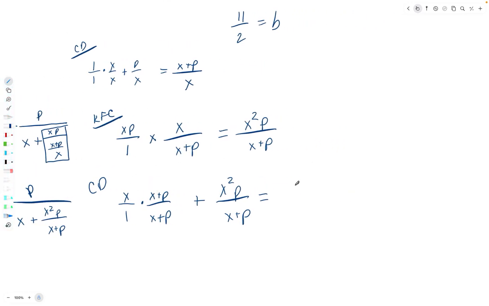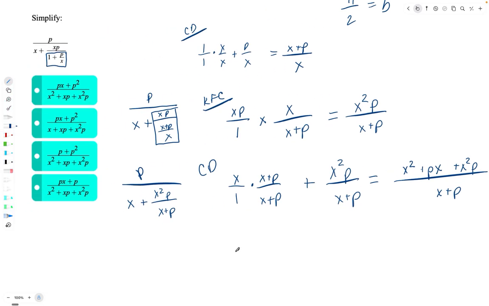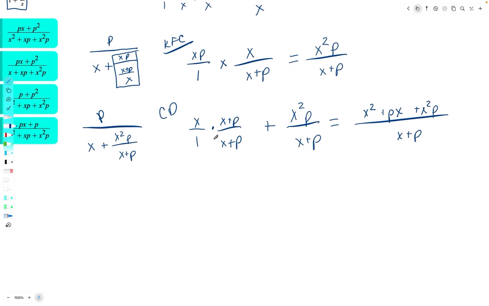X times x is x squared, and then that's going to be plus px plus x squared p all over x plus p, because they have the same denominator now. So that is going to take the place of the entire denominator. So now we have p over x squared plus px plus x squared p over x plus p.